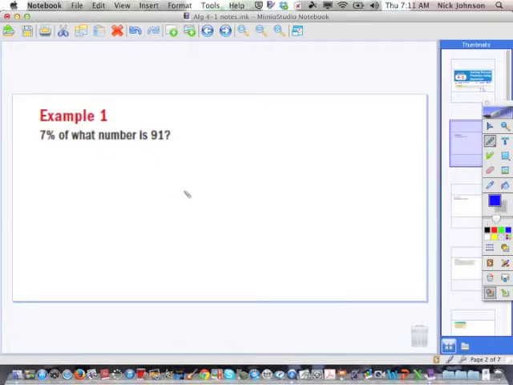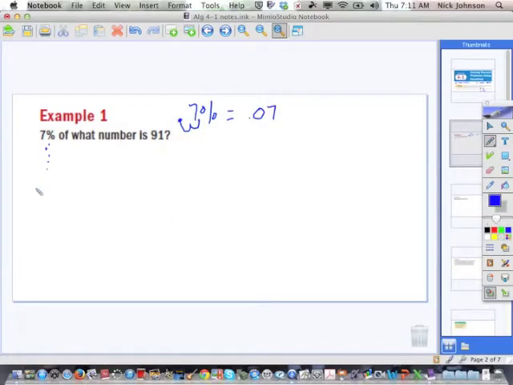Example 1 says, 7% of what number is 91? So this is what I do: I go left to right. Well, 7% is actually a number, so we're just going to bring that down. We don't write it as 7%, we write it as a decimal. So 7% as a decimal, you move it 2 places to the left, and it becomes 0.07.